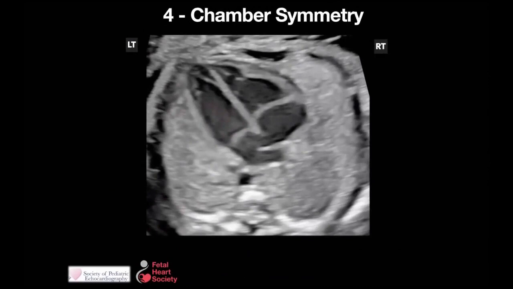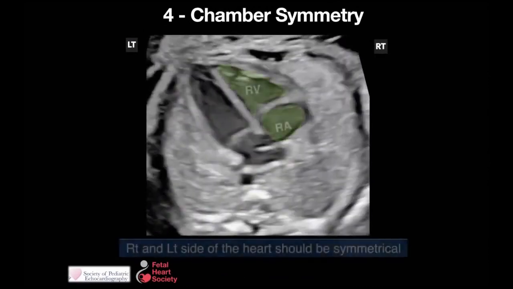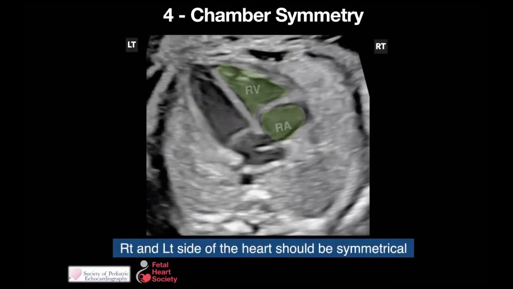When assessing for 4-chamber symmetry, you want to make sure that the right and the left side of the heart are symmetric. Here we have the right ventricle, right atria, the left ventricle and the left atria. At times during the late 3rd trimester, the right ventricle may appear slightly enlarged compared to the left ventricle. This can be a marker for coarctation or other cardiac abnormalities.